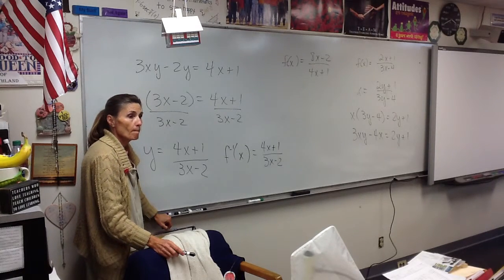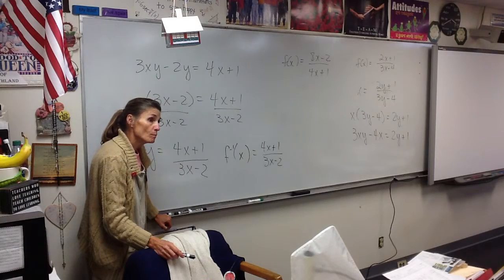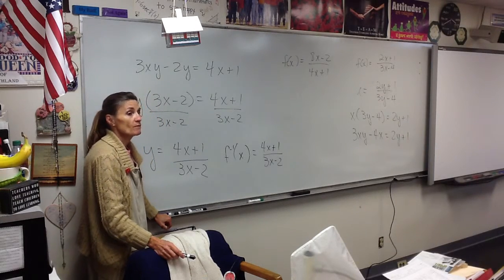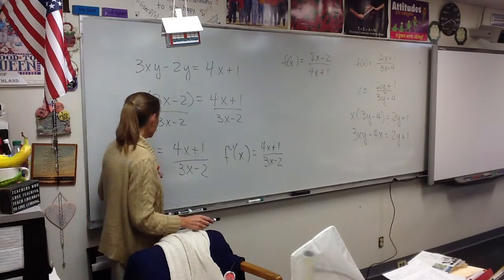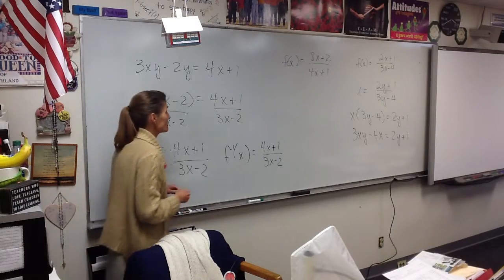Lindsay? Would I simplify? Just take y out. Yeah. Always just factor out y. Because your goal, Lindsay, is to have y equals, not 2y equals, but just y equals.